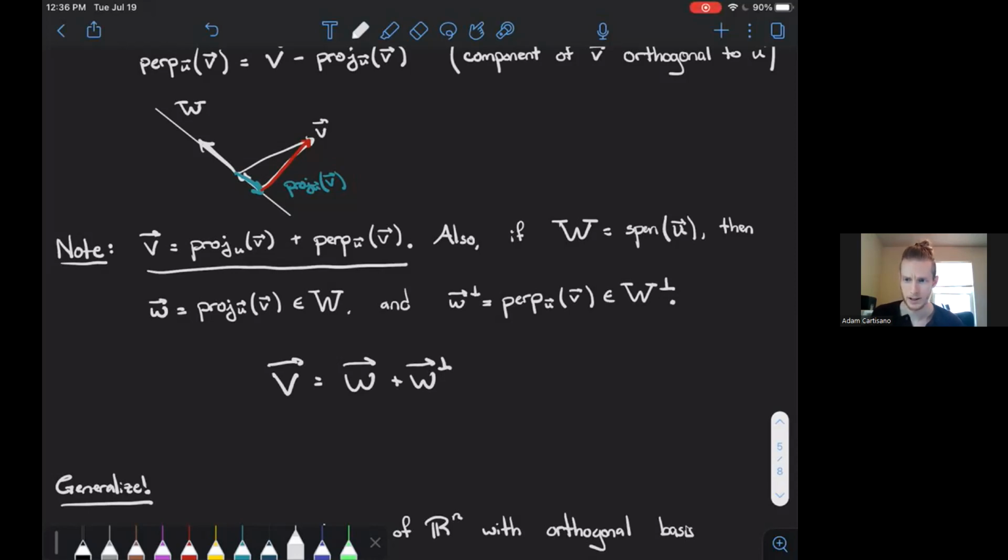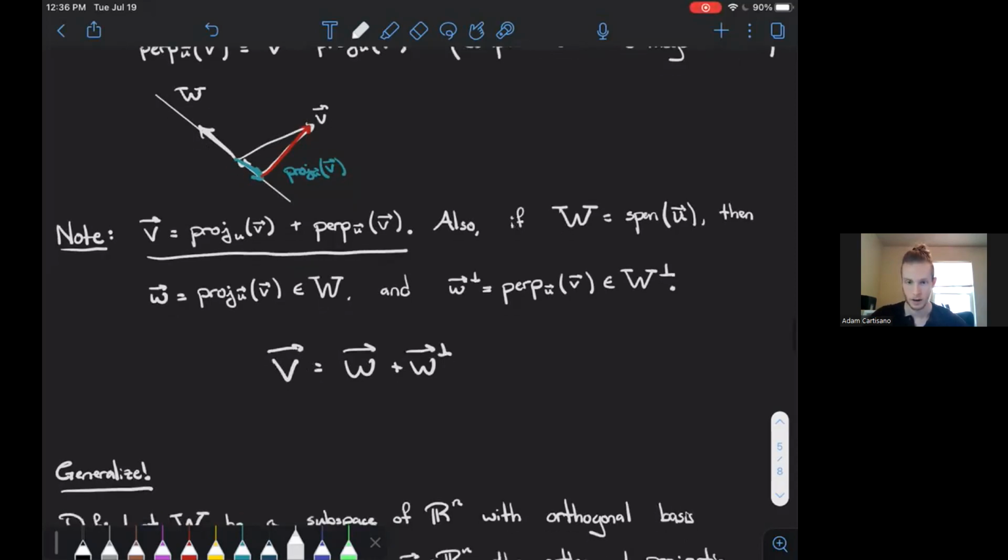Lowercase w's all around. That's why I've been putting little serifs on my capital W's. God forbid you get those confused. One is a subspace, one is a vector inside that subspace. We call this the orthogonal decomposition.